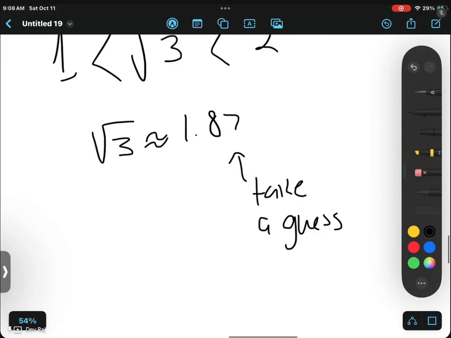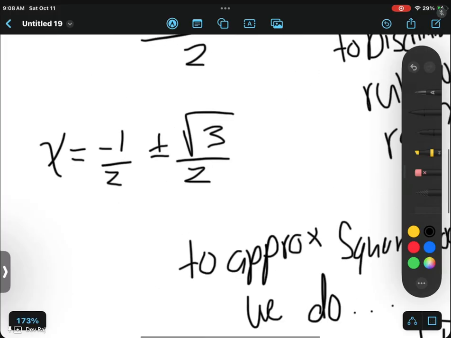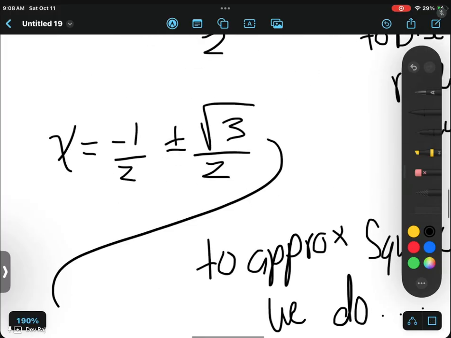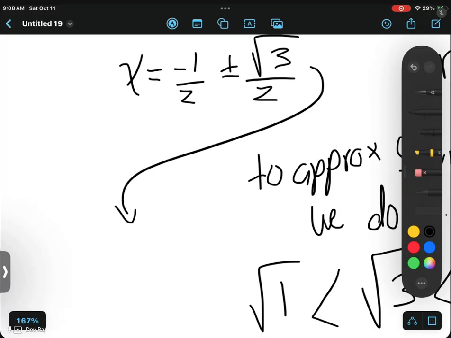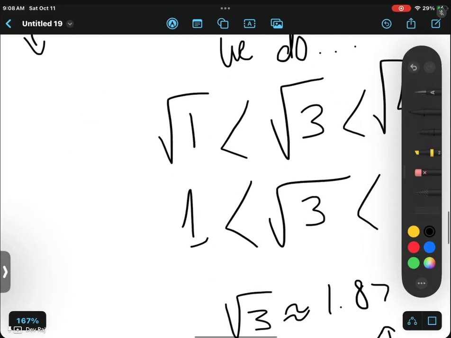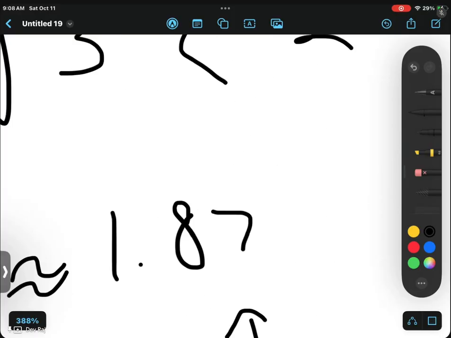So then we know that this over here is just 1/2 plus or minus 1.87. Let's do a nicer number. Because we're dividing by 2, let's just do 1.86.